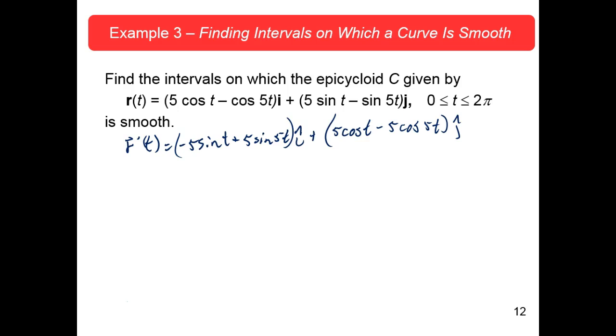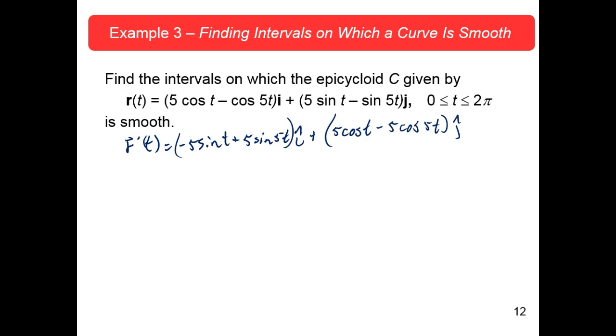Now first, both of these are continuous everywhere, since sines and cosines are. But the other feature is that this can't be 0 at the same place that the other is 0. So we need to figure out where this is equal to 0.